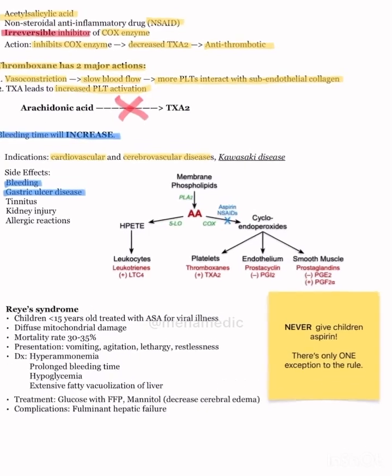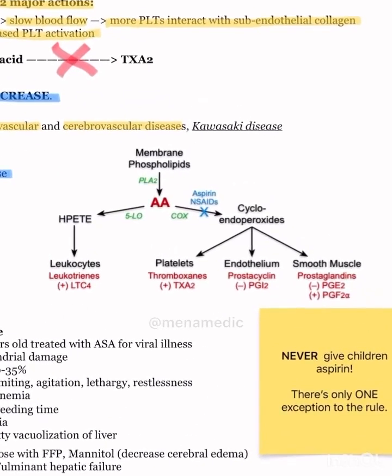If we look at this image, we can see that arachidonic acid can go down two pathways. One is with the lipoxygenase enzyme, converting it into leukotrienes. The other, which we'll be focusing on today, is via the cyclooxygenase enzyme, converting it into thromboxane A2, prostaglandins, and prostacyclins. Essentially, the prostaglandins assist with bicarbonate release and make sure that gastric acid levels are equalized along the surface of the gastric epithelium.